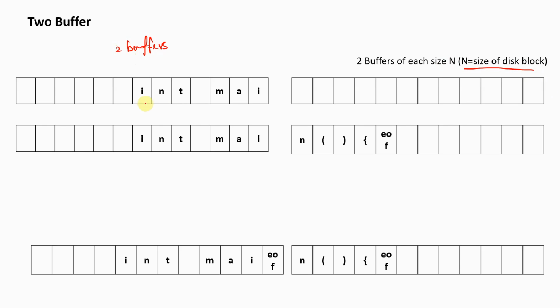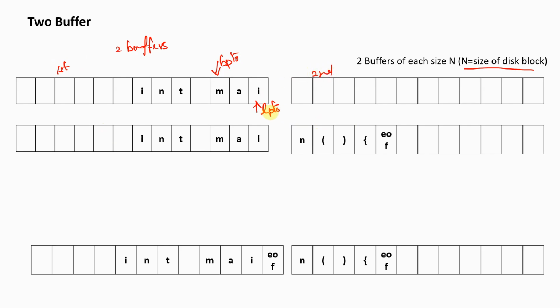Like our previous single buffer, the first set of instructions gets loaded here, and our beginning pointer and look ahead pointer start here. When the look ahead pointer reaches the end of the buffer, the next set of instructions immediately gets loaded into the second buffer. This is our first buffer and this is our second buffer.